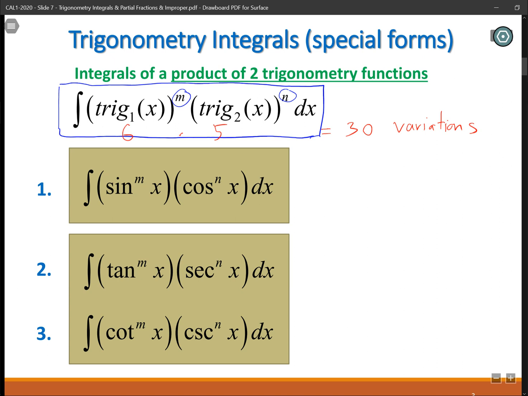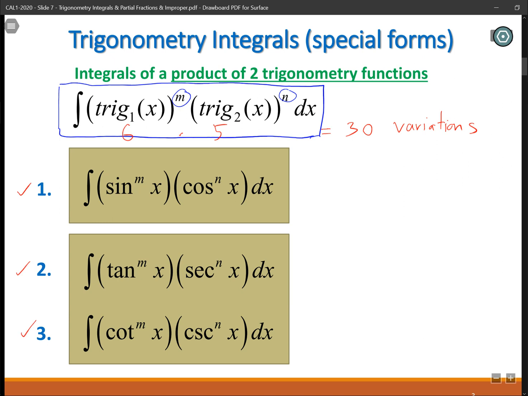Right? And I don't know if this is lucky or unlucky, but it turns out that we cannot solve all 30 of them. We can only solve just some of them, and the ones that we want to solve are just the ones in the slide, 1, 2, and 3. So we are going to focus on just 3 variations. I'm sorry about that. 3 variations, 1, 2, and 3.